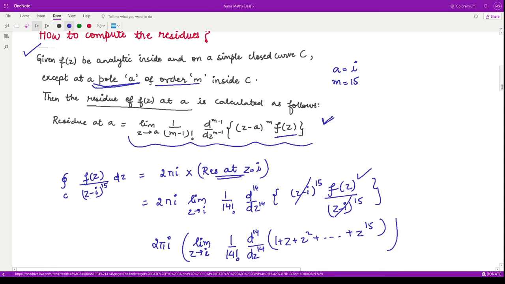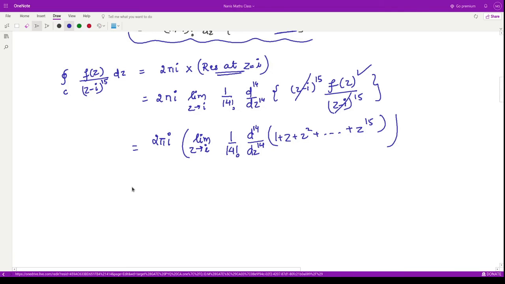So when you take the derivative of this function, what will you get? You will get the limit z goes to iota of 14 factorial plus 15 factorial multiplied by z. This is by taking the derivative of this function 14 times.